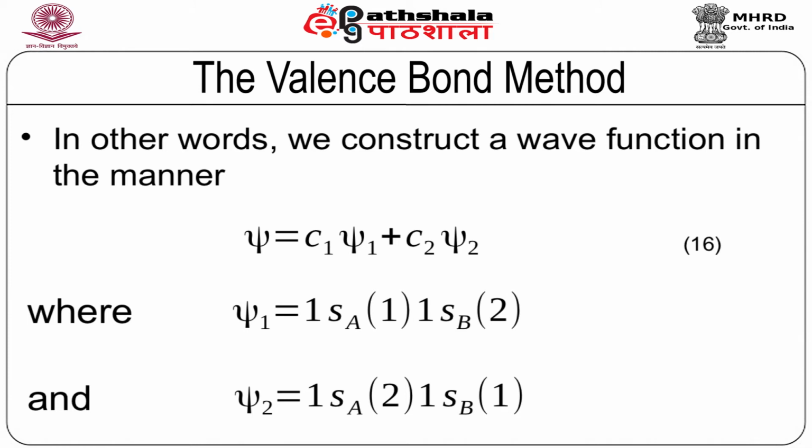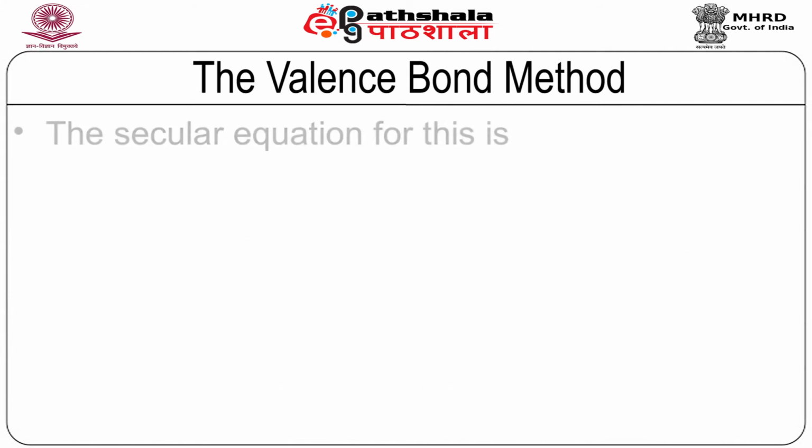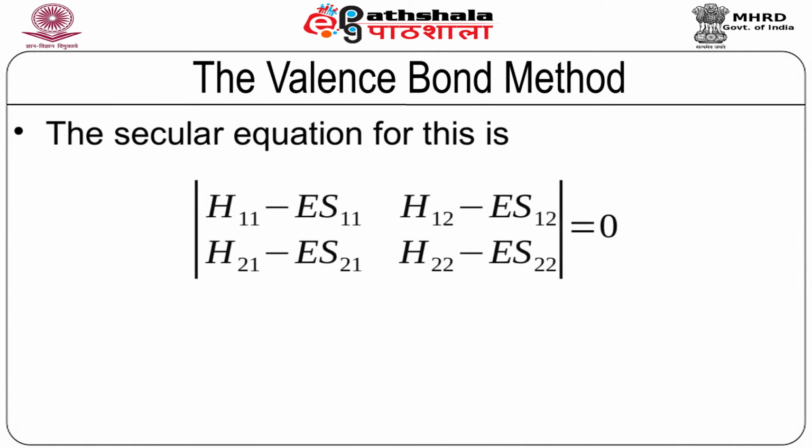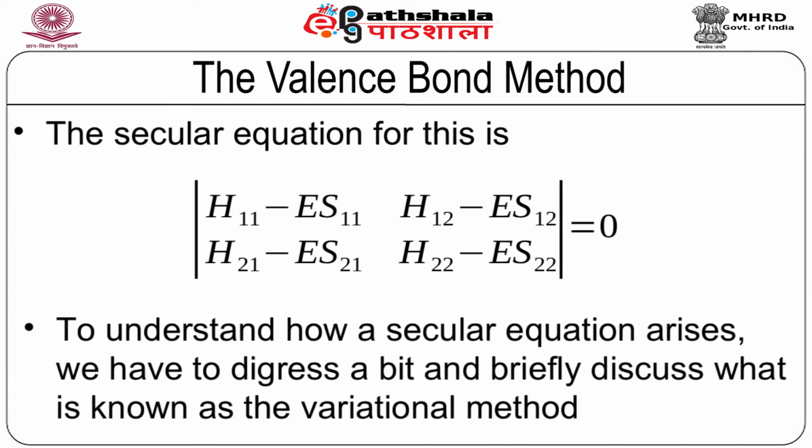Here electron 2 corresponds to atom A and electron 1 corresponds to atom B. We can now write a secular equation for this situation. Now, to understand how a secular equation arises, we have to digress a bit and discuss what is known as the variational method.